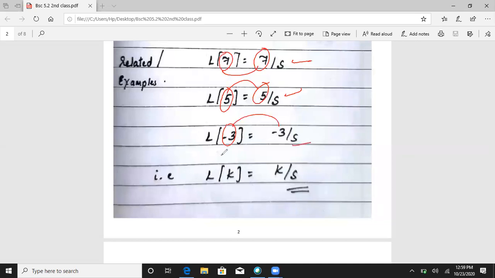That means we can write it as k, so the answer is k by s. This is one standard function. We call it the standard function k by s.